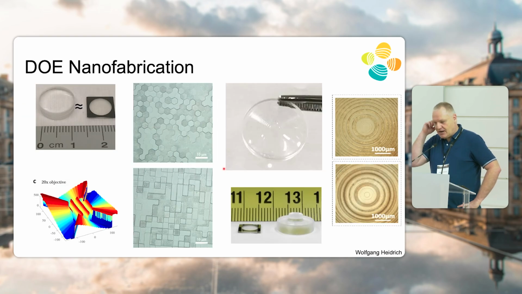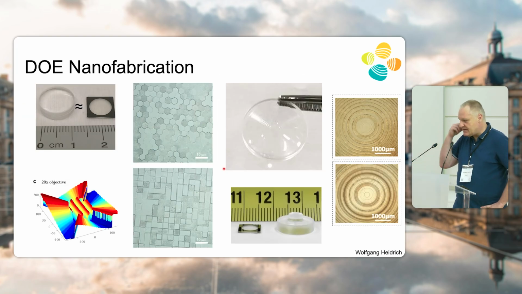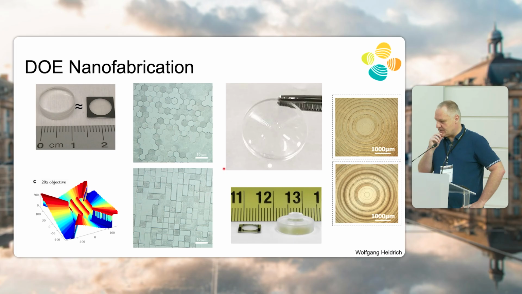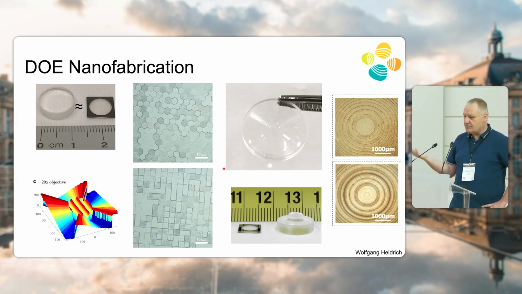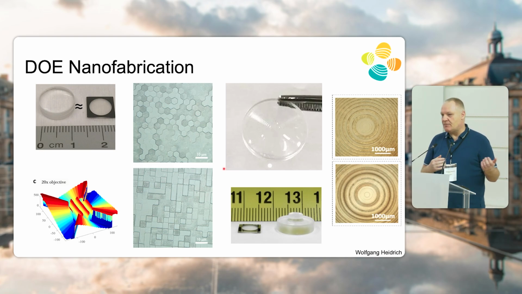But let me talk about fabrication a little bit, and fabrication-aware design in this context. With this kind of line of research, we build the DOEs. We have a clean room, a nanofabrication facility at KAUST, and we're actually building these DOEs so that we can have prototypes.